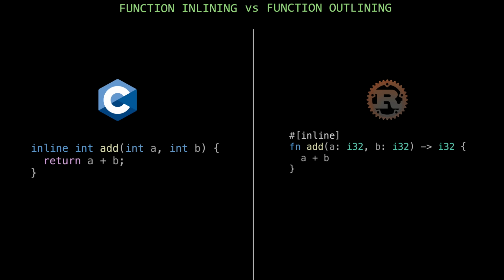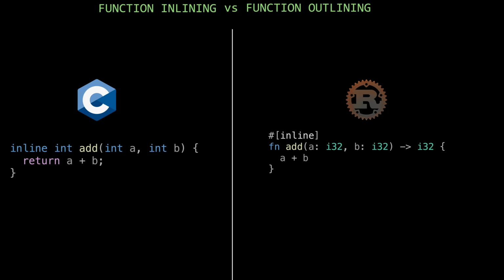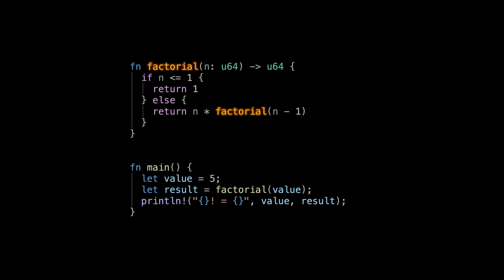And finally, there's one more scenario where function inlining simply isn't viable: recursion. If a function calls itself, and at compile time we don't know how many levels of recursion will occur, it's impossible to inline it. In those situations, function outlining is essential.